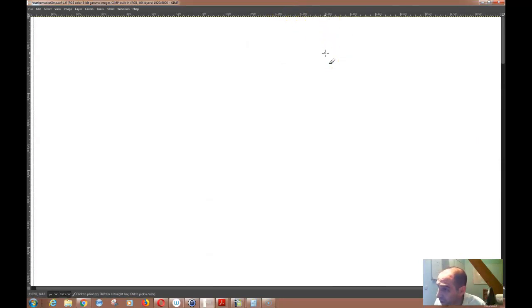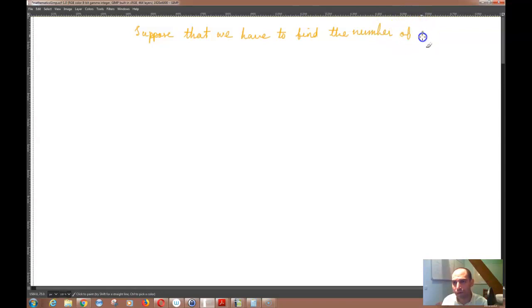So suppose that we have to find the number of ways of rearranging the letters of the word ROOT.